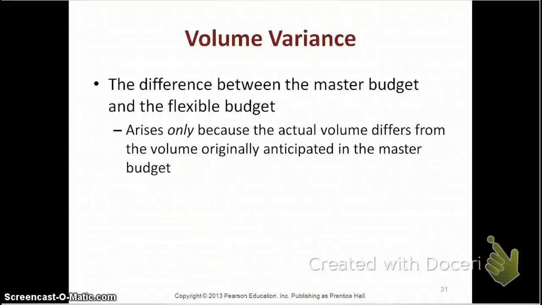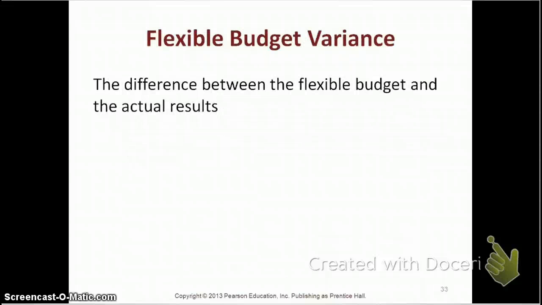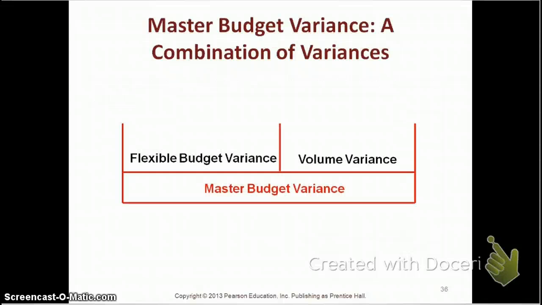Again, to summarize, your volume variance is the difference between your master budget and the flexible budget, and this arises only because the actual volumes differ from the volumes that we originally anticipated in the master budget. The flexible budget variance is again the difference between your flexible budget and your actual results. When you're looking at it visually, on the right hand corner you would have your master budget. In the middle you would put your flexible budget flexed for the actual level of sales volume, and on the leftmost side you will have your actual results.